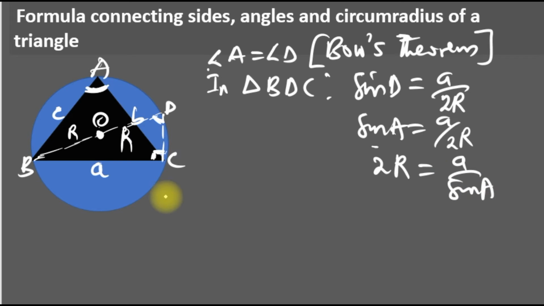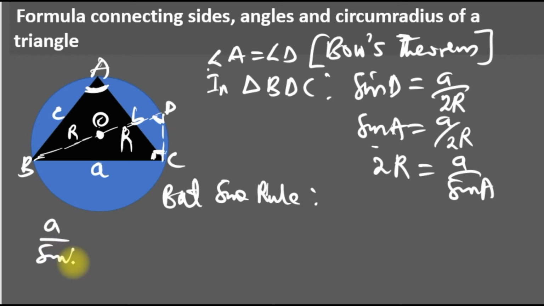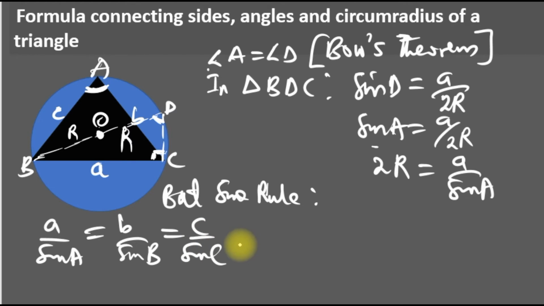But from sine rule, A over sine A is equal to B over sine B equals C over sine C. So this is sine rule. So they are all equal to 2R.